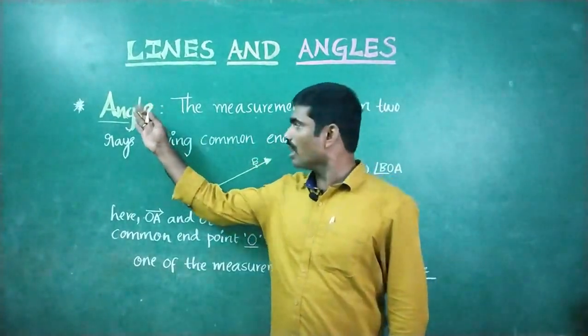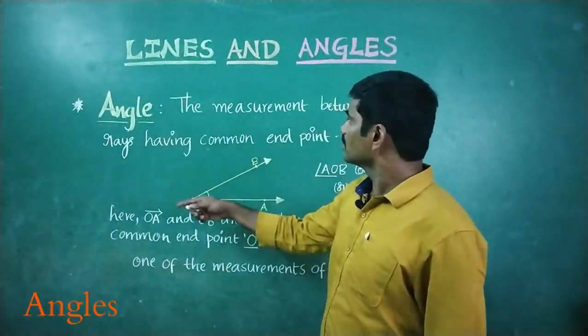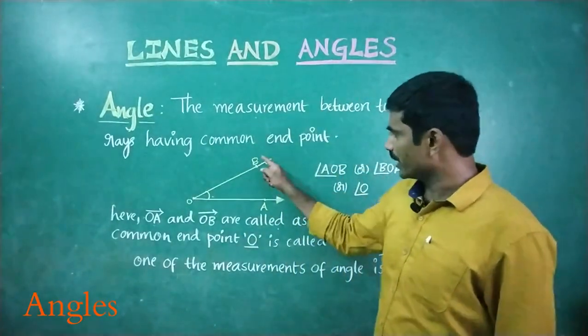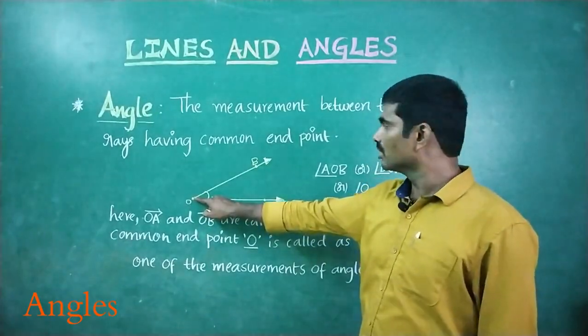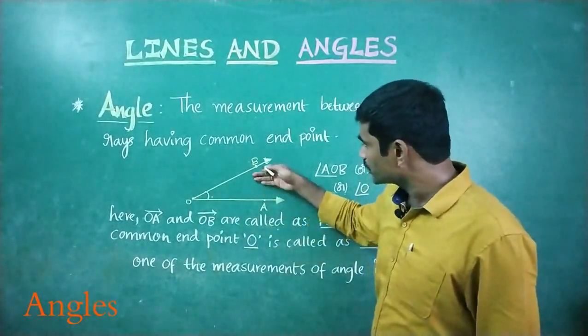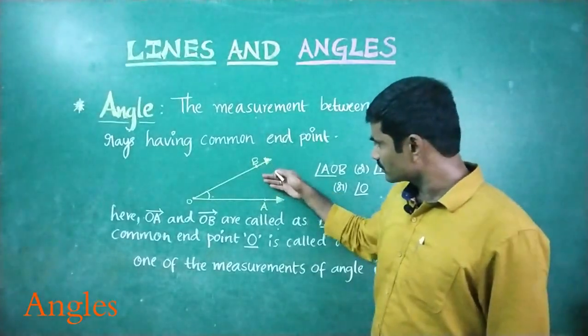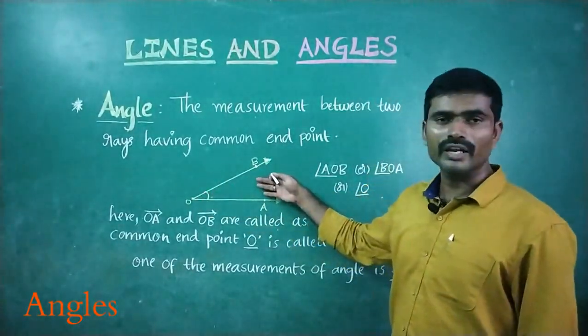Next we are going to angle. Angle: the measurement between 2 rays having a common endpoint is called an angle.